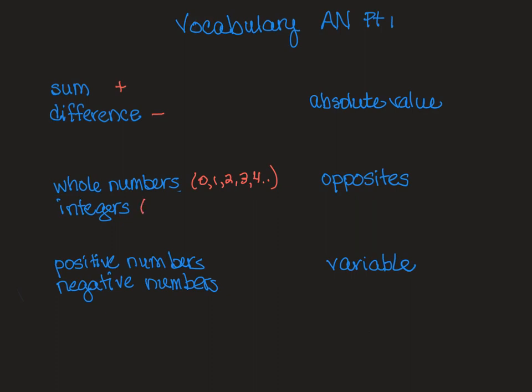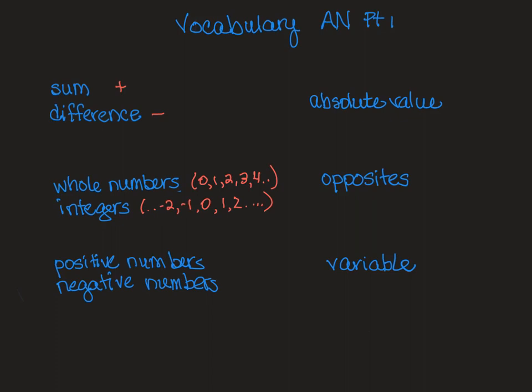Integers include numbers that are less than 0, and that continues on. So integers include negative numbers, and whole numbers are just positive. Just so you understand the difference when we're talking about either one, the integers include negative whole numbers.